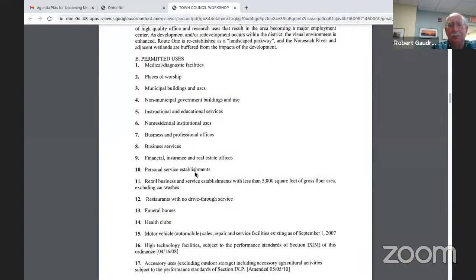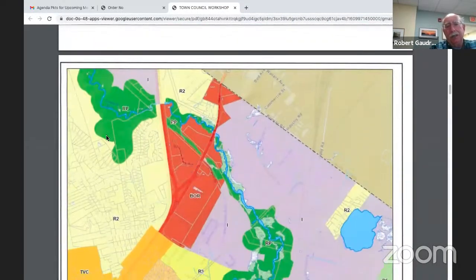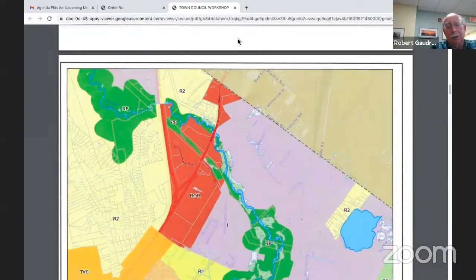The intent has always been for us to donate the land. If you were to bring up the BR zone map again, I'll show you another piece that's very critical that the land trust is really interested in. Above the letters PP at the top of the orange, there's that piece along the highway that's not green. That is part of what we own, and it really solidifies the Scarborough Land Trust's ownership rights.